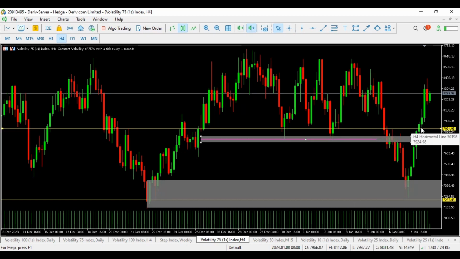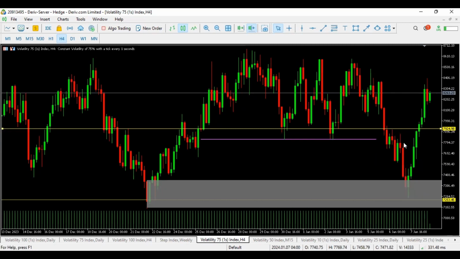So I hope whatever I'm explaining is making sense in terms of liquidity. So liquidity basically takes people's stop losses before the intended move, before the market maker generates that intended move. So I hope that is very clear.